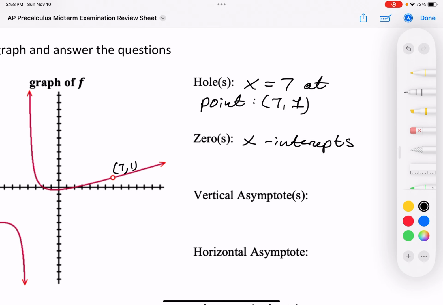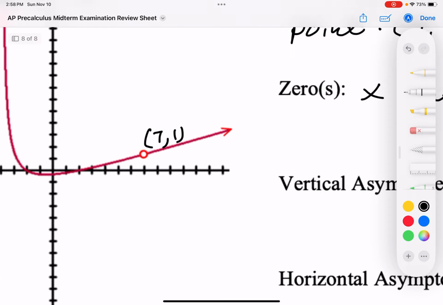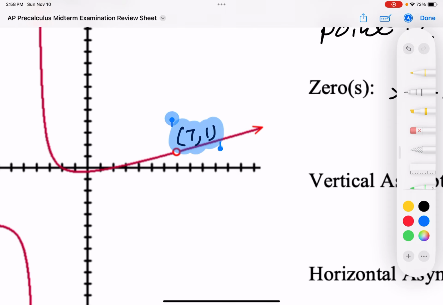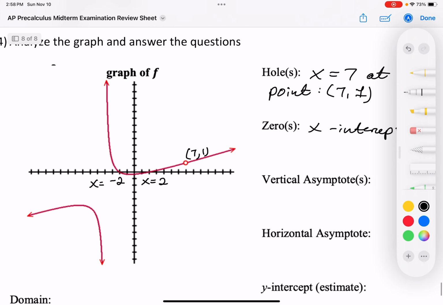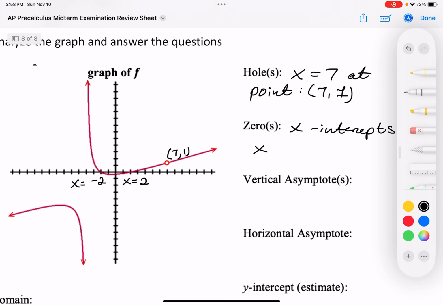So we want to look at where the function crosses the x-axis. And if you zoom in, the function crosses the x-axis at x equals -2 and x equals +2. So the zeros in this case occur at x equals -2 and x equals +2.